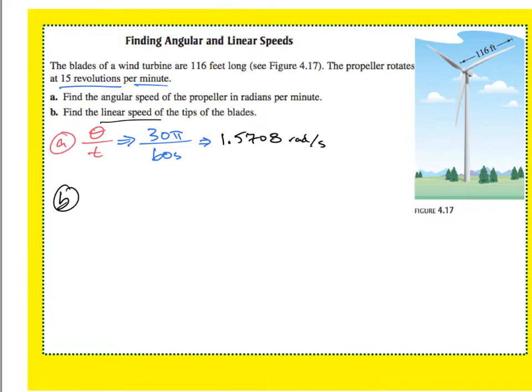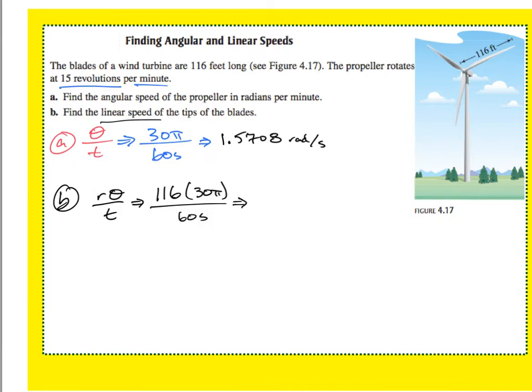Well, how do you find linear speed? R theta over time again. All right, so what's my radius? 116 feet. And then what's my theta? Still 30 pi. And then what's my time still? 60 seconds. All right.